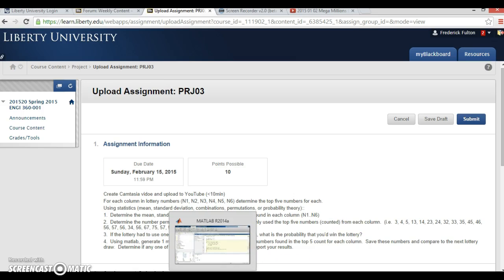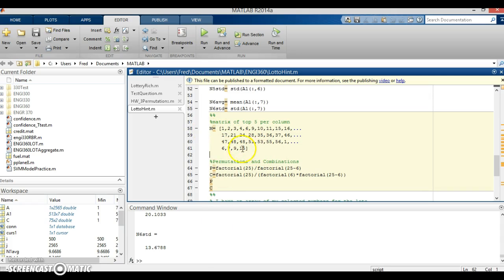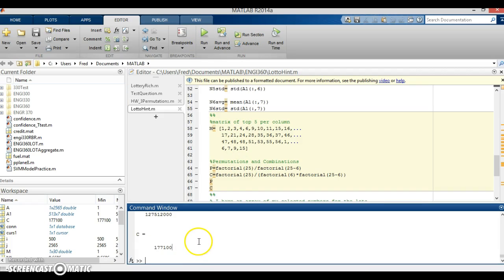So using the matrix and the MATLAB functions here, we have the permutation formula here, P, and the combination formula here, C. We can run this section, which gives us permutations of that many, a very large number. Looks like 127 million or more. And our combinations, which are obviously less because the order doesn't matter, is 177,000.